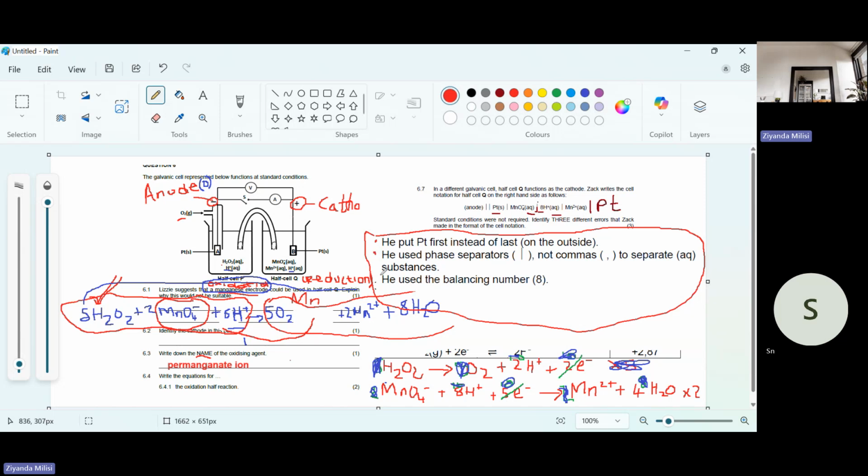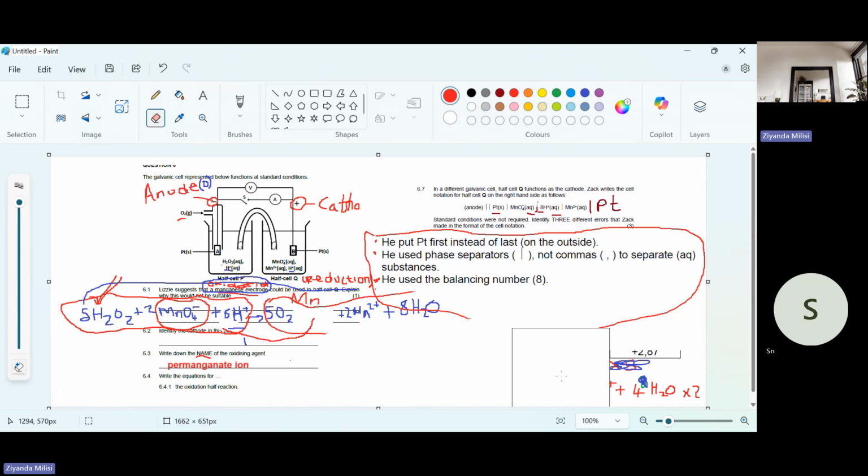It's important that you capture this correctly. Okay.